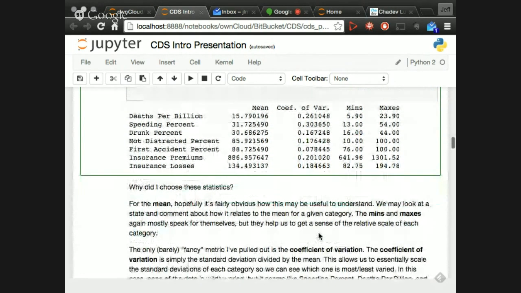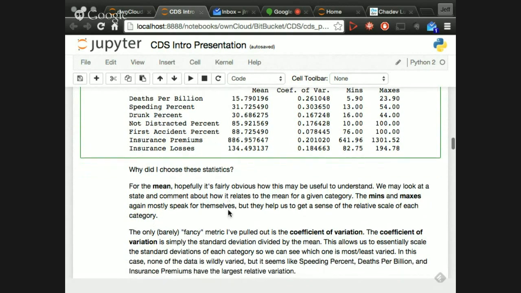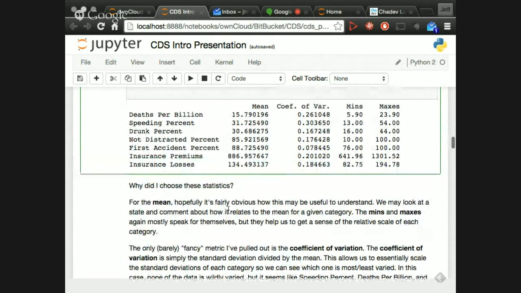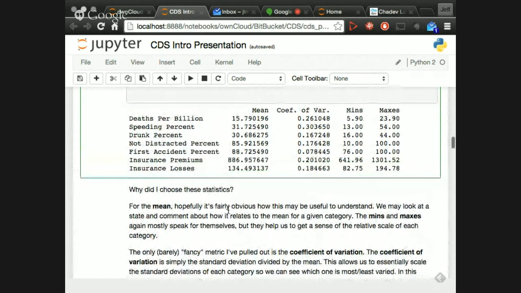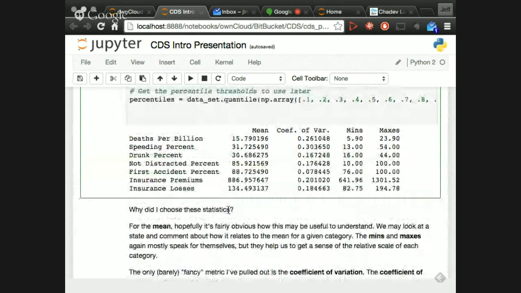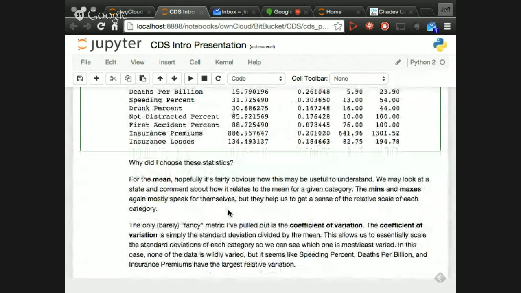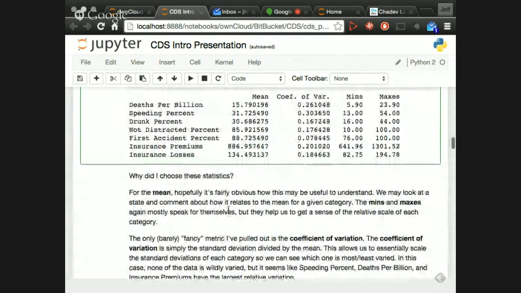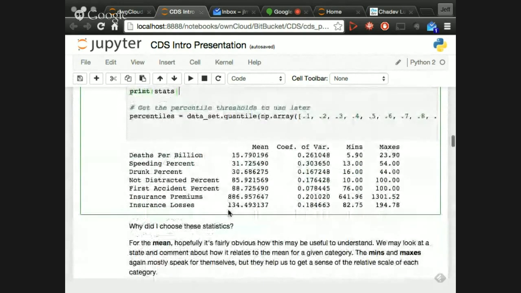So why did I choose these statistics? Well, they're not very fancy statistics, but the mean will probably be important to at least understand. The min and max, again, give us a bit of an idea of the scale of what we're looking at. And the coefficient of variation is the standard deviation divided by the mean.